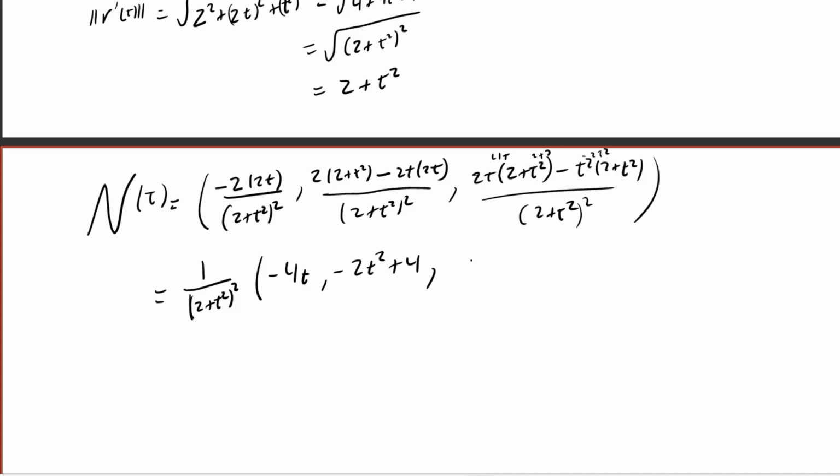Okay, so let's go ahead and write that out. Oh, hold on. No, that should be high d low, 2t. Okay, that's better. So that cancels out, so we just have 4t. And that is my principal normal vector.